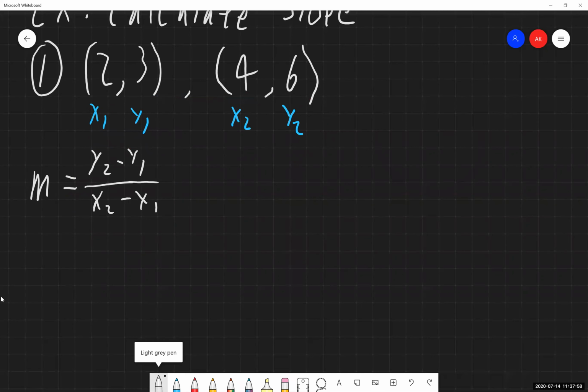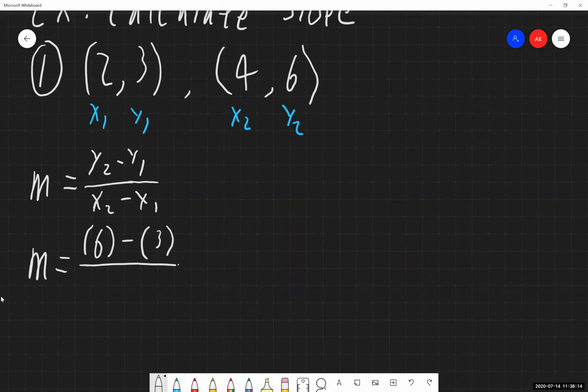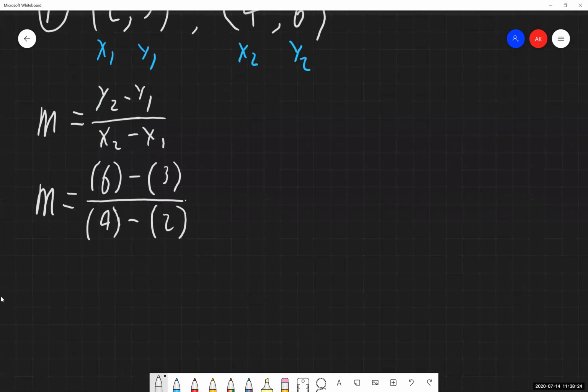Okay? So now that we have each of our values labeled, the guesswork has been taken out of it for us. y sub 2, well, that's going to be 6, minus y sub 1, which is 3, over x sub 2, which is 4, minus x sub 1, which is 2. So I have everything plugged in, and now I can simplify this.